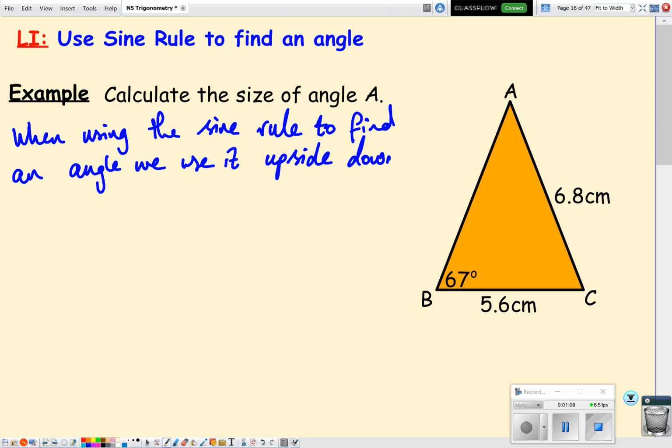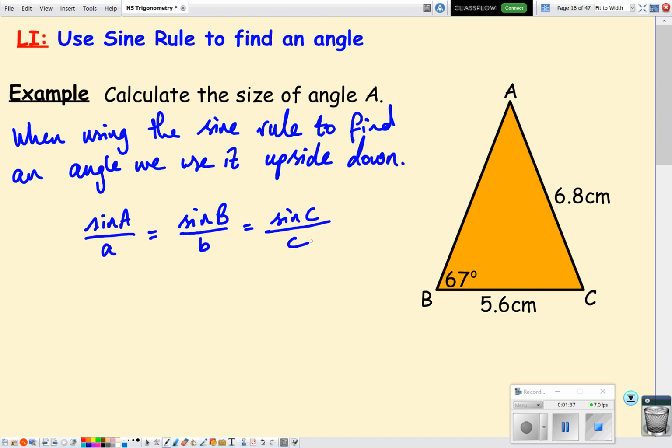So instead of a over sine A, which is the way the sine rule is normally written, we would have sine A over a, sine B over b, sine C over c. So we have the sine rule written upside down.